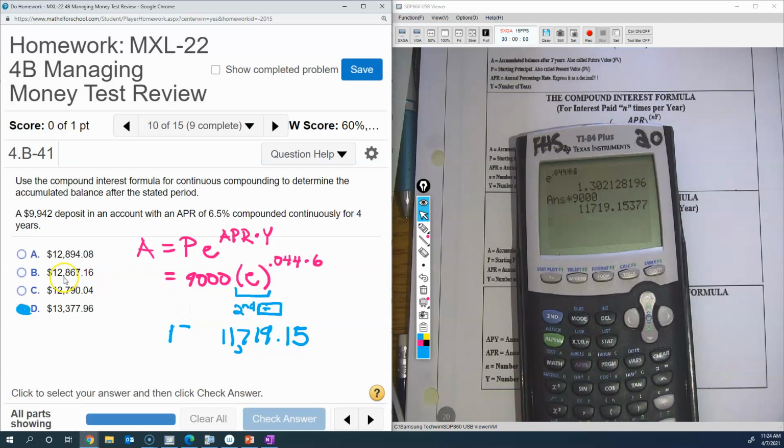All right, and number 10's same type of question, just different numbers.